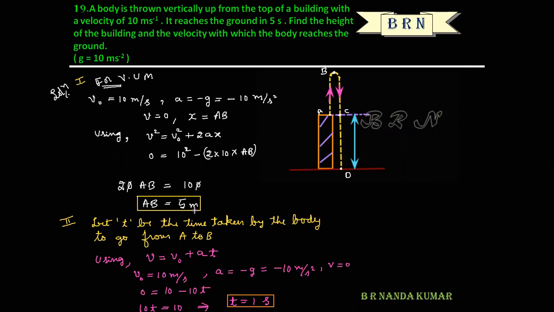The distance covered by the body to go from point A to point B is 5 meter.